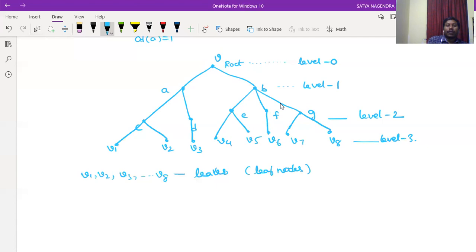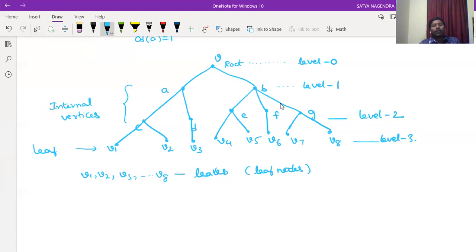This is the root node and all these are leaf nodes. The remaining vertices in the middle levels are called internal vertices.